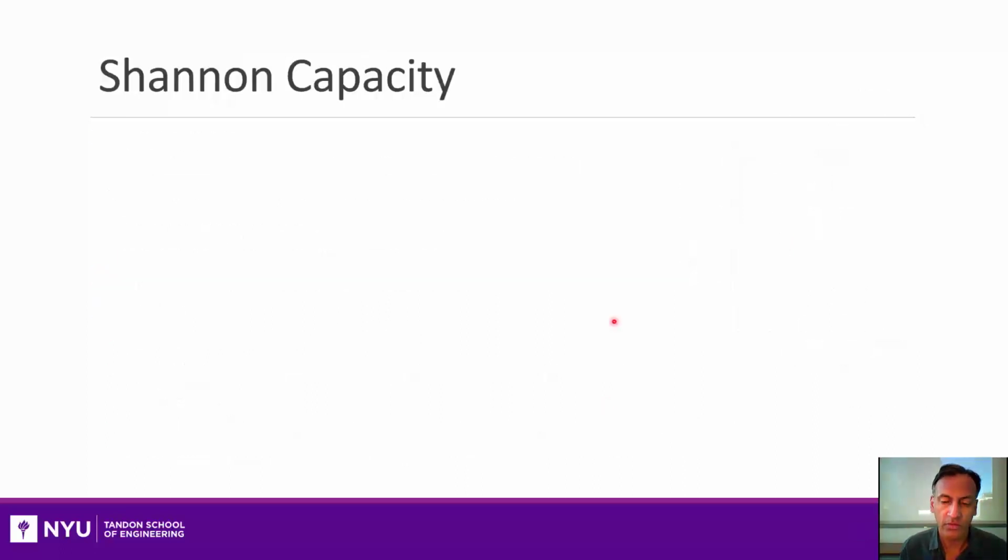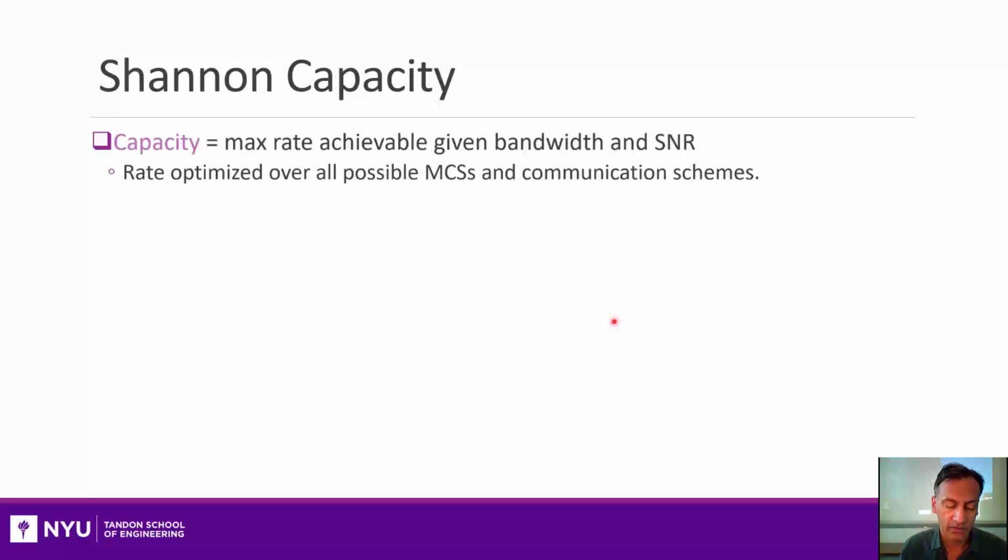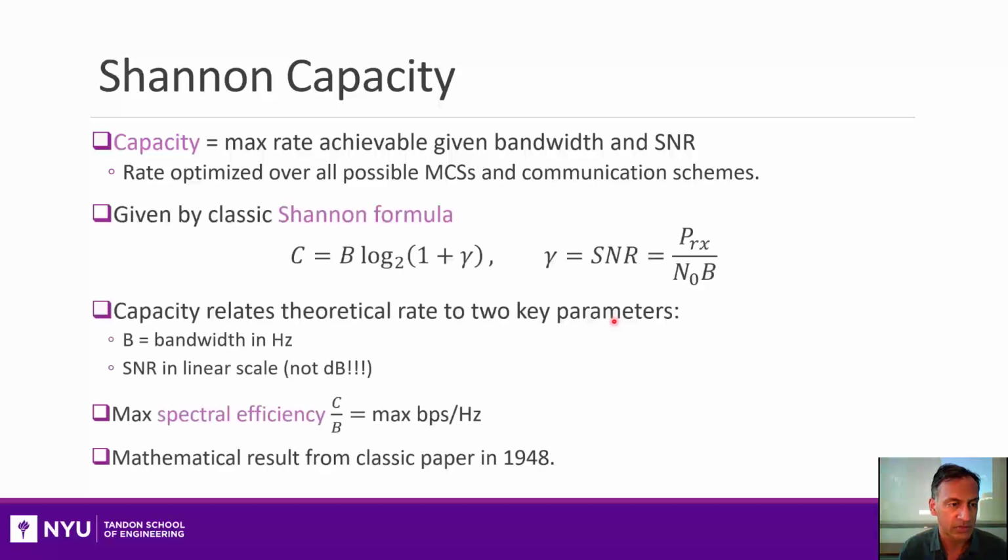The requirements we saw on the previous graph were for a particular receiver, in this case a convolutional decoder. But one thing that's important to think about is what's called the capacity, which is the maximum rate achievable given some bandwidth and SNR requirements over all possible communication schemes, even communication schemes that may not be practical to actually build.